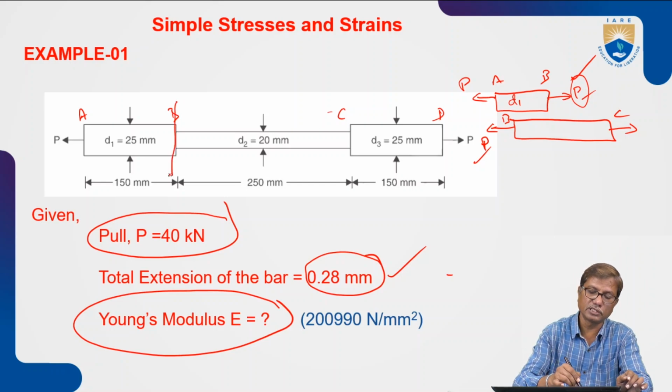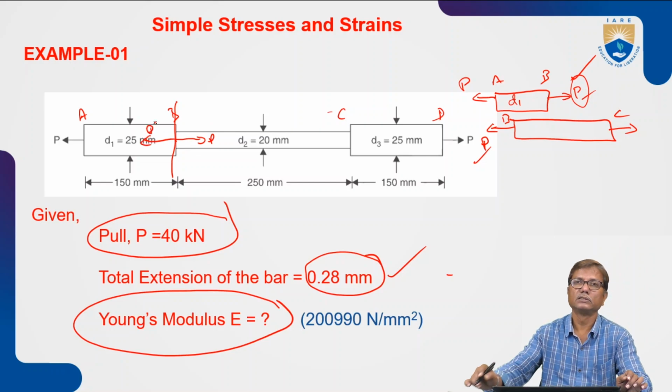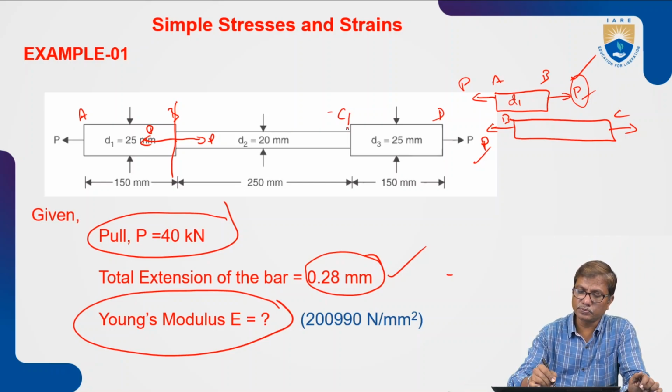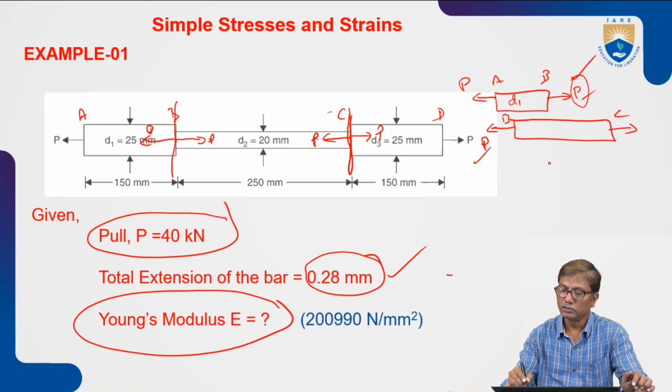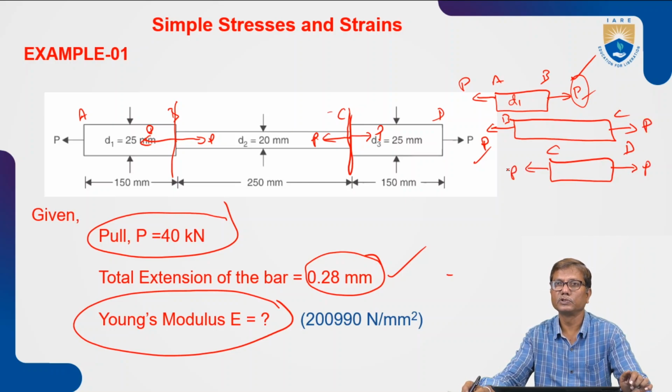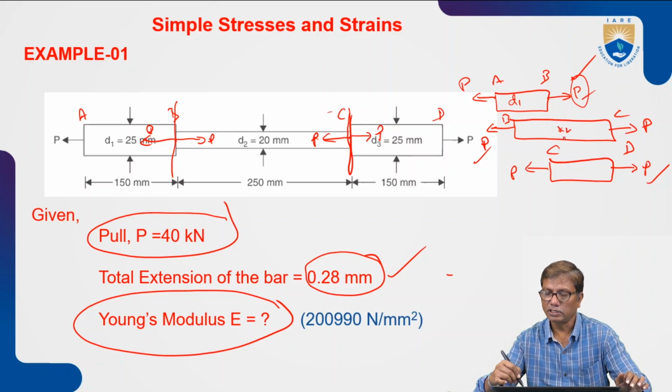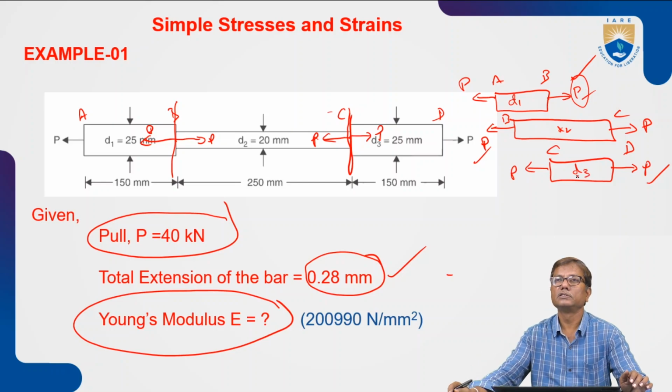When you cut this section, you will have 2 equal and opposite forces acting at B. Similarly, if you cut at section C, you will have 2 equal and opposite forces acting at C. That means portion CD is also subjected to an axial force of P at C, to balance the applied force P at D.